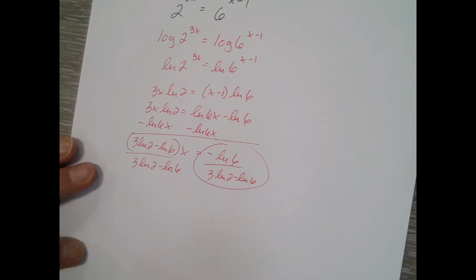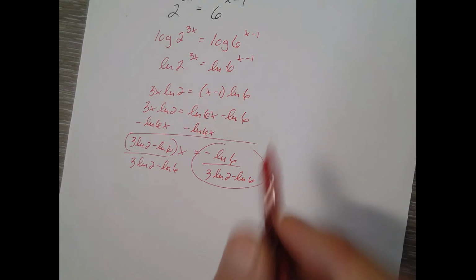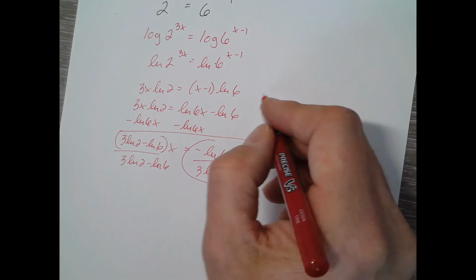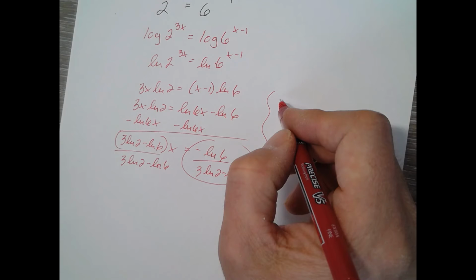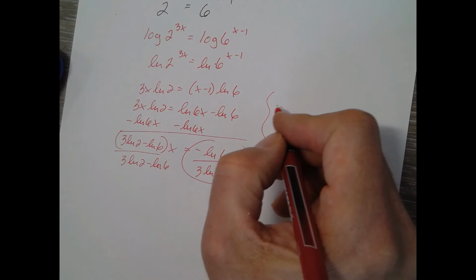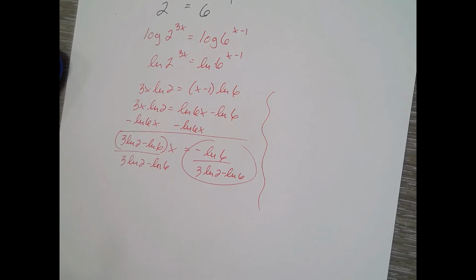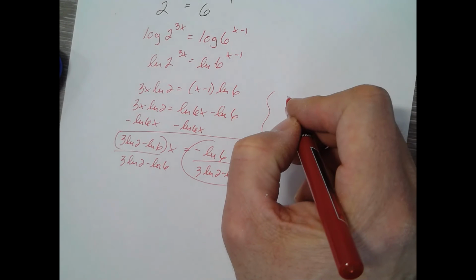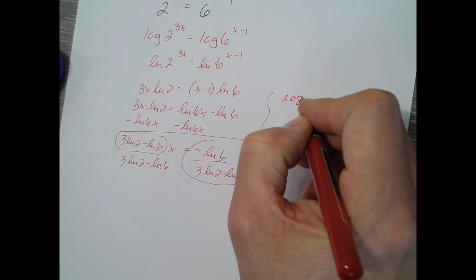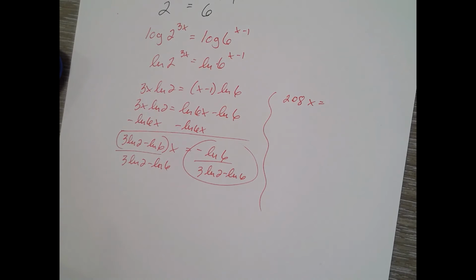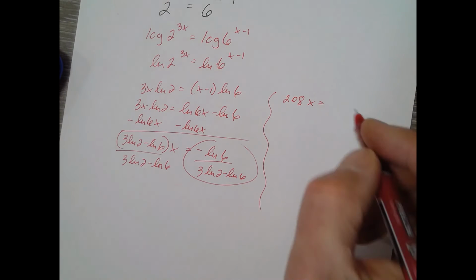Decimal wise, anybody have one? What's natural log of 2? Anybody have that? 0.69? Yeah, we're just straight natural log. Okay. And then times 3 is 2.08, I'll say. x equals natural log of 6, 1.79.